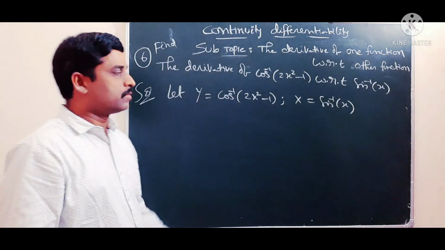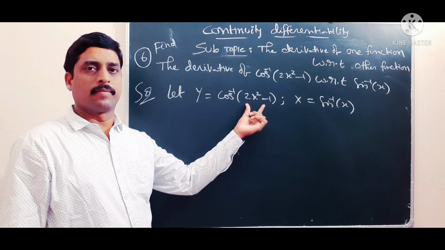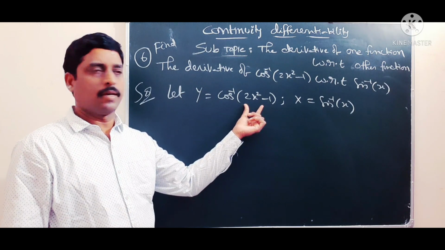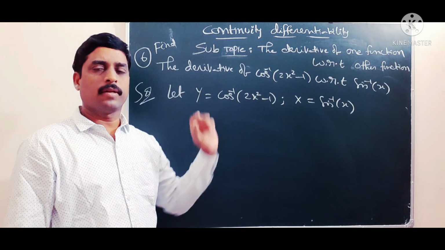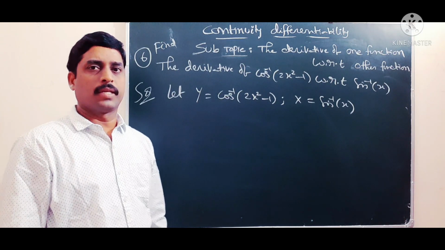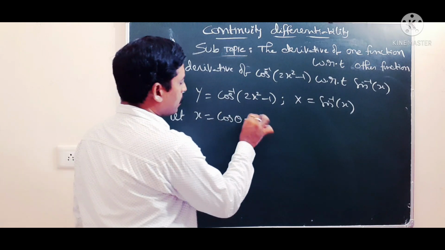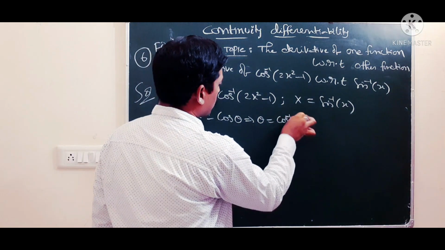What is the form? 2x square minus 1. So let us take x is equal to cos theta, because 2 cos square theta minus 1 is the formula for cos 2 theta. Therefore theta is equal to cos inverse x.